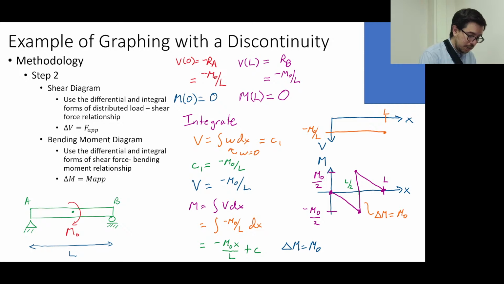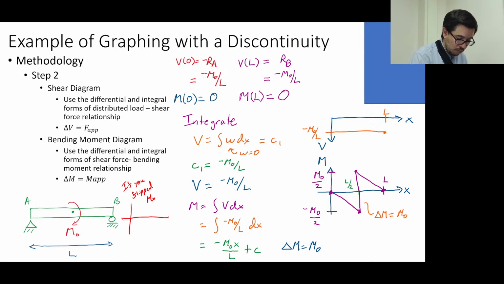So if you flipped M naught, for V you're going to have this instead, M naught over L, and that comes from the external equilibrium plus looking at the edges, left and right.